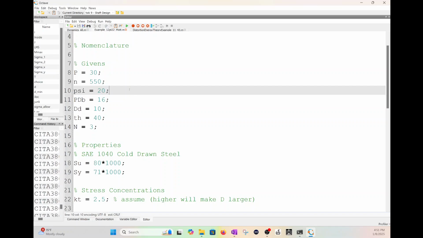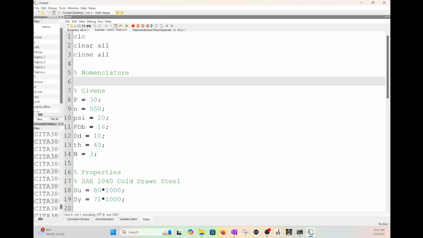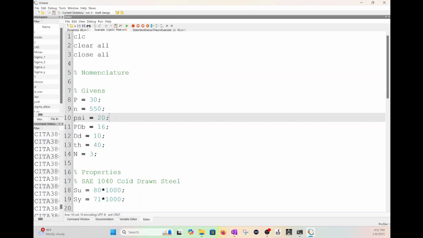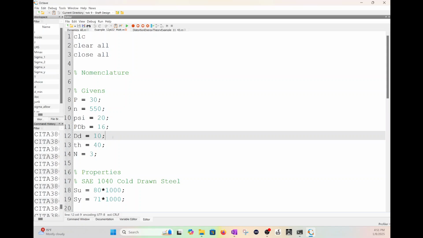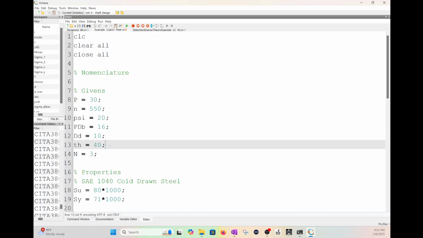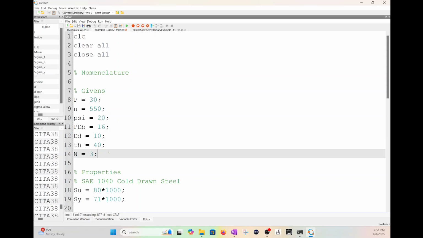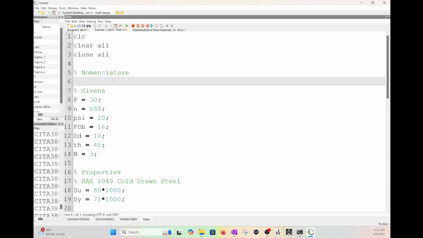Oh, sorry. See, this is why we do nomenclature. This is why I did it. So PSI, that is your angle, 20 degrees for your gear. Okay, this is your pitch diameter. This is your diameter of your sheave. This is the theta or angle of the V-belt. This is your design factor. Okay, so again, don't do what I just did. Make sure you put nomenclatures in there.